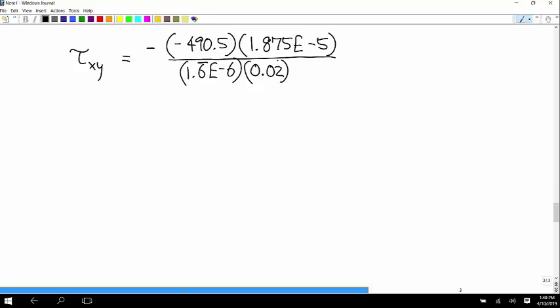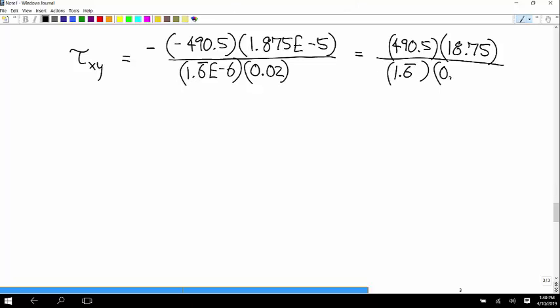Cancel out all the tens before you do the division. It'll save you a bunch of round off error. You can think of that as 490.5 times 18.75 divided by 1.6 repeating times 0.02.